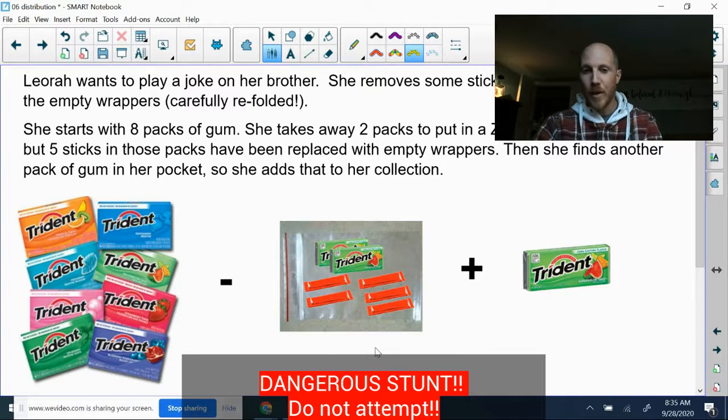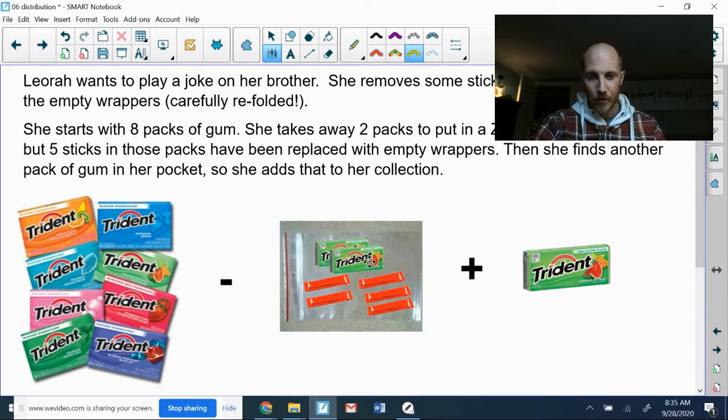If we just left them in a Ziploc bag as empty wrappers like this, that's not going to work. So it's just for illustration purposes only. Those carefully rewrapped empty wrappers go back into the pack, but all of that is in this little gift bag here. After she gets done with the trick, she finds another pack of gum in her pocket, and so she adds that to her collection.